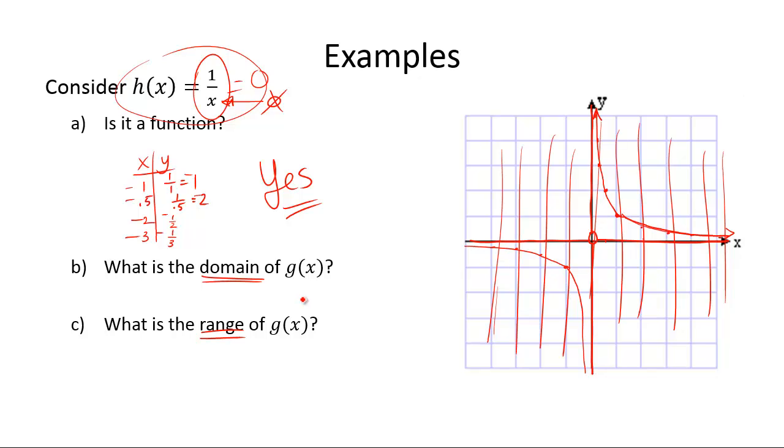So, you could say, for example, in interval notation, it would be negative infinity to 0, not including, or 0 to infinity. Or you could say they're all the real numbers except for 0, and list the points where it doesn't exist. Similarly, for range, it'll actually be the same.